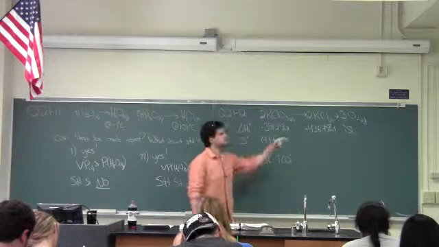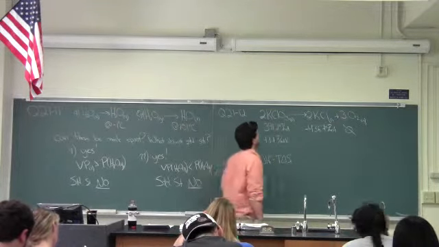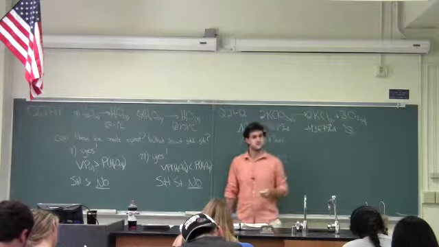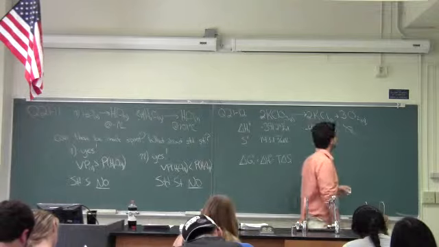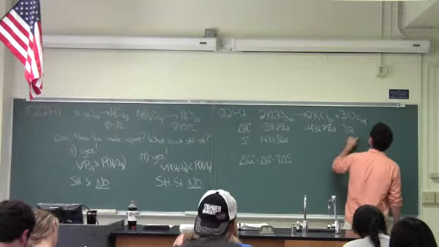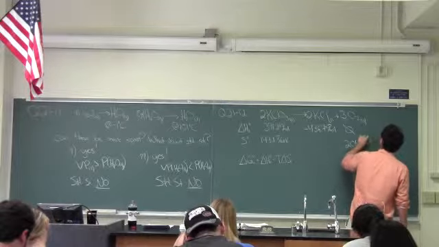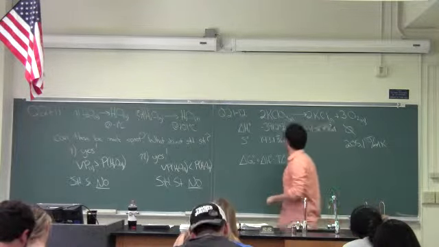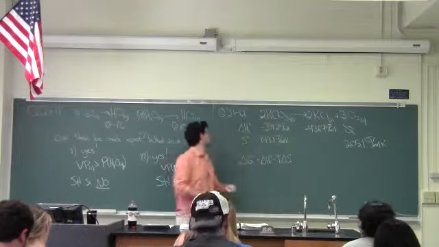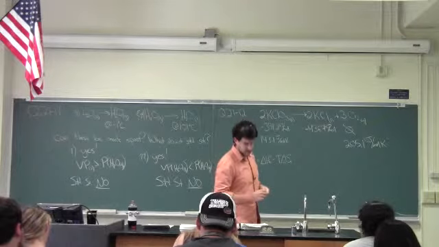Okay, and what's the standard entropy for oxygen? That's not going to be 0, remember, because we have a point from which we can measure all entropies. What's that? 205.1. And standard entropy for KCl. Yeah. Is this table going to be provided for us on the exam?